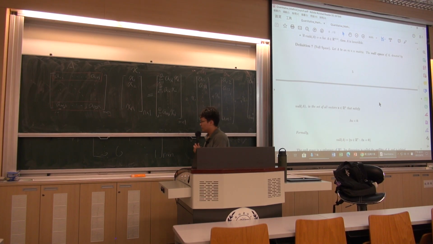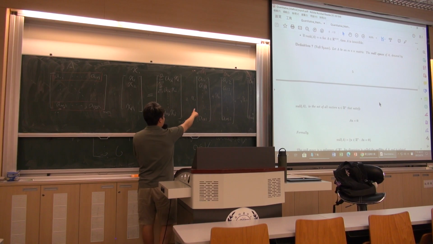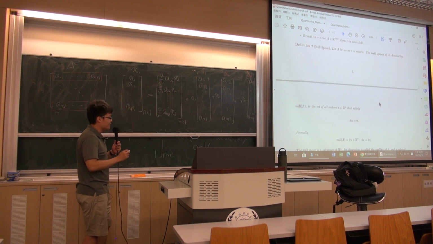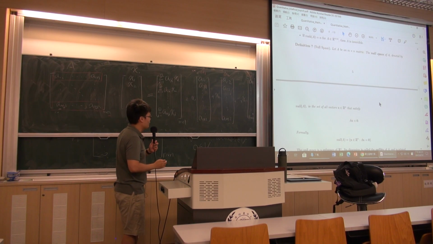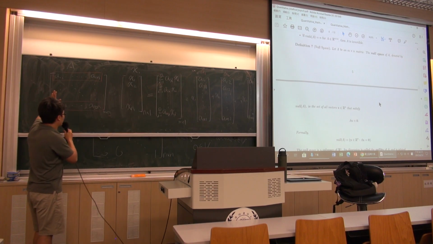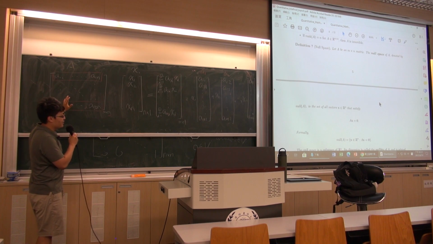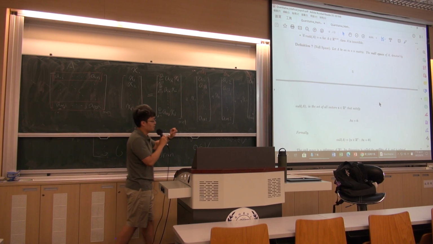And of course, A times x we can write as a linear combination of the columns. And we know that if only 0 can satisfy that equation, that means all the columns in matrix A are linearly independent, and the only solution here is 0.